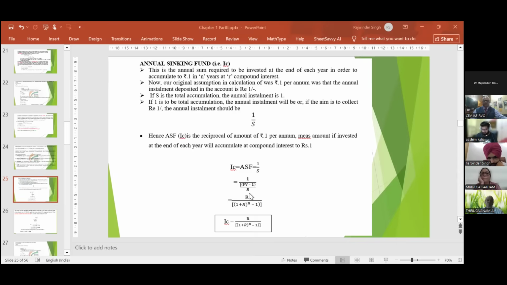Basically, especially in case of real estate, land and building, we deposit a sinking fund for the life of the building, which is 50 years, 60 years. In 50, 60 years, many times the rate of interest will change.